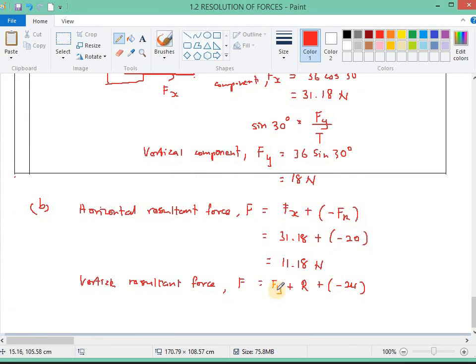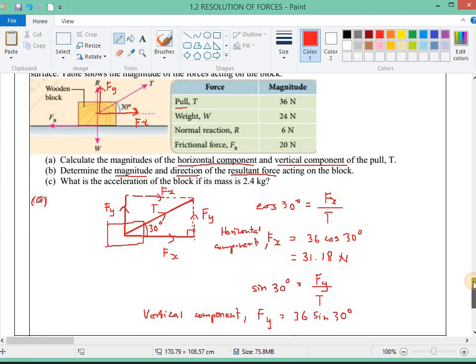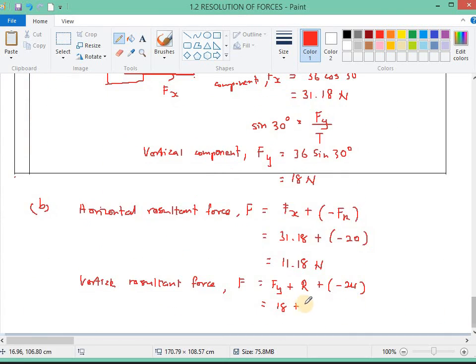So Fy is 18 plus the reaction here is 6, minus 24. So we get 0 Newton. So this is very logical.